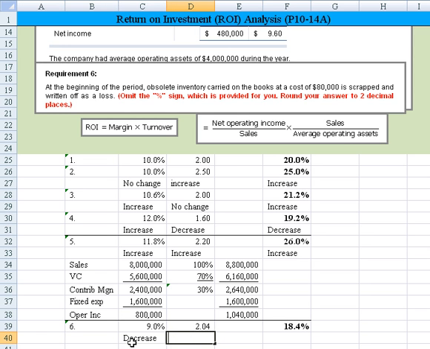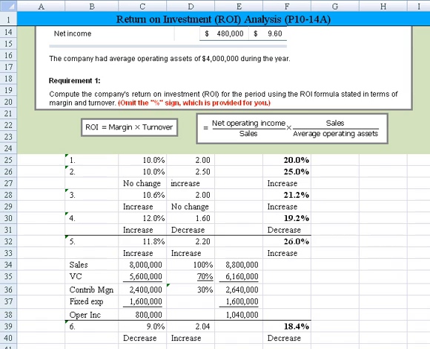We're comparing it to number 1, which was 2.0, but the impact on the margin had a greater impact than it did on our turnover. So as a result, ROI goes down slightly to 18.4%. That's number 6. Let's move that out of the way. Move in number 7.